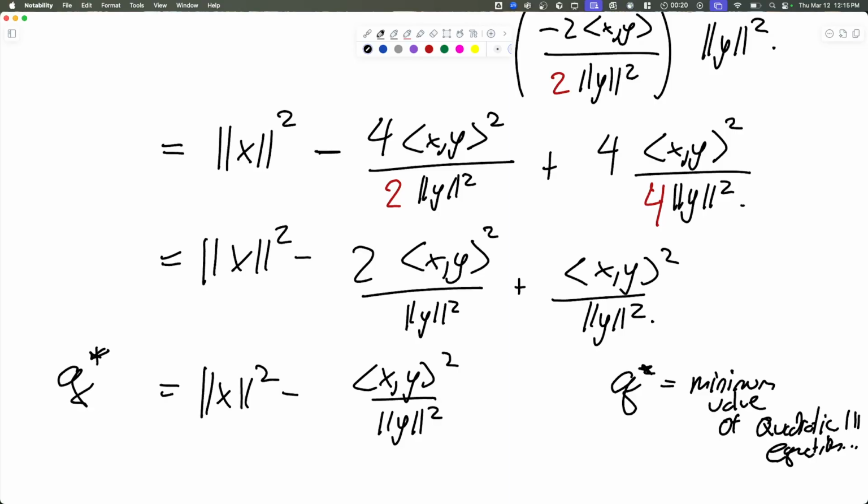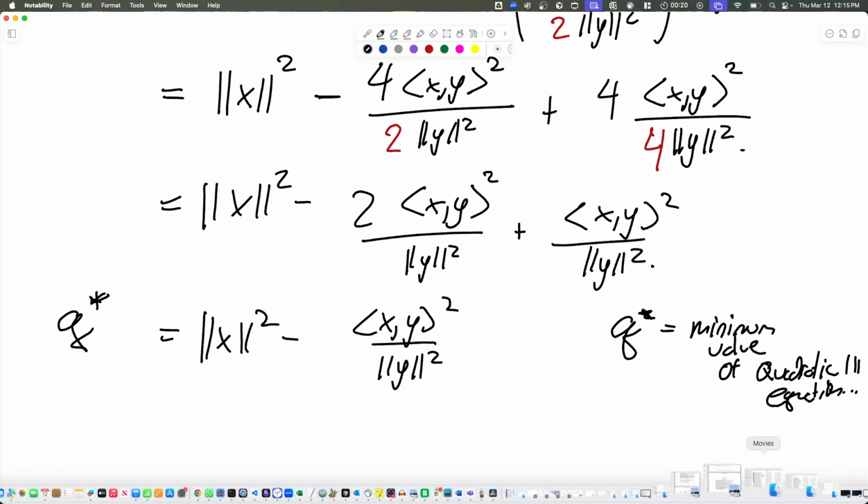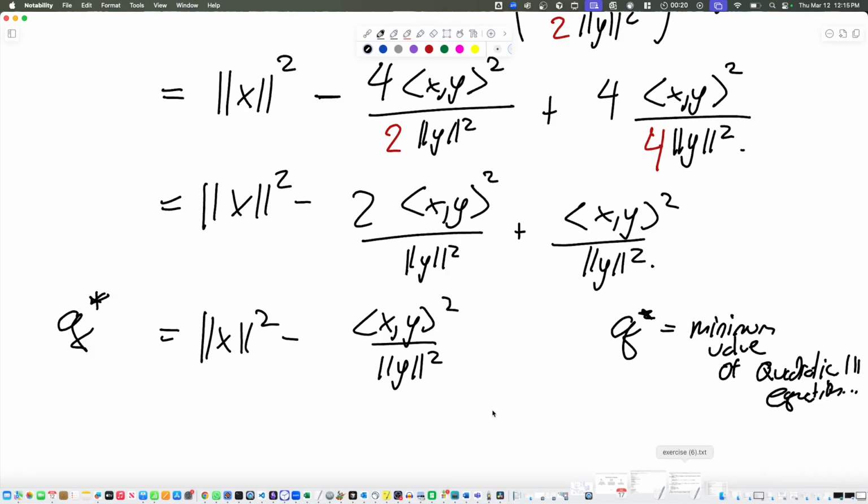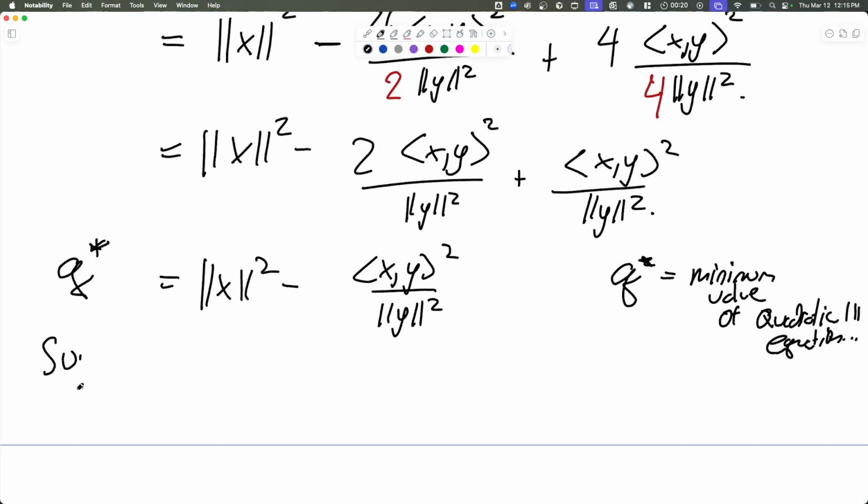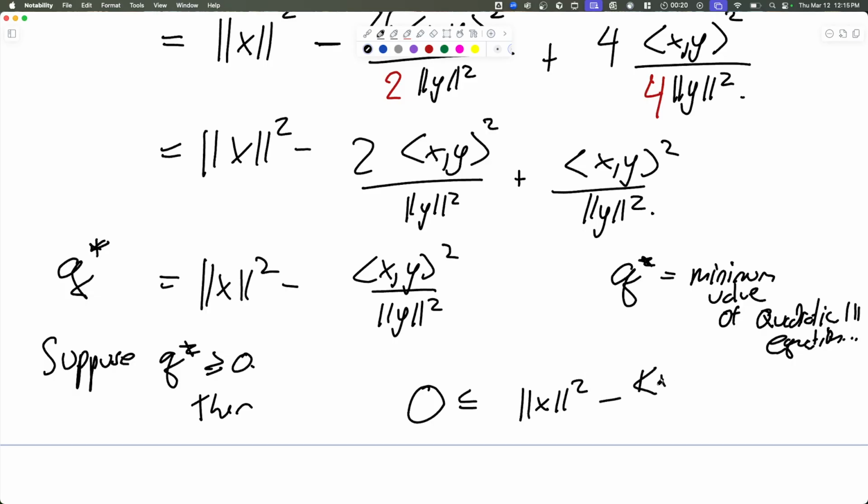If it was true that q star was greater than 0, we would be done. So suppose q star is greater than 0. Then 0 is less than the norm of x squared minus xy squared over the norm of y squared.